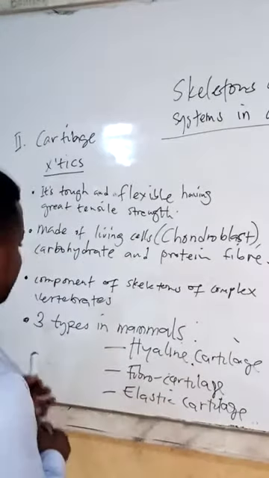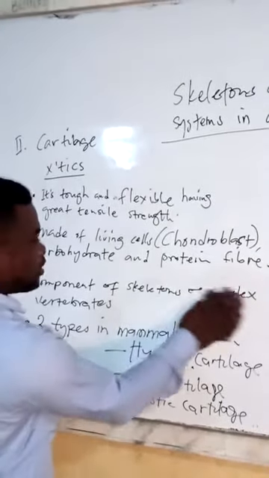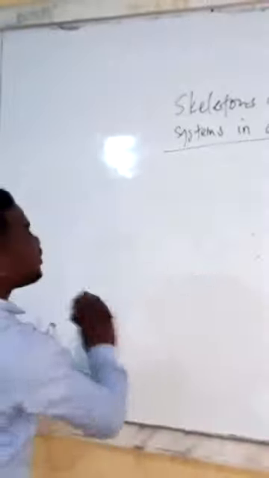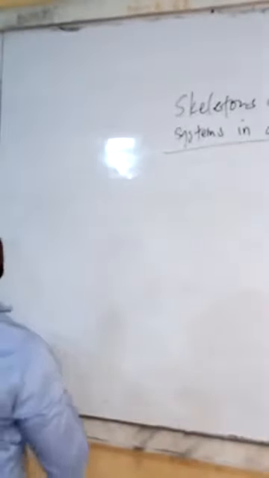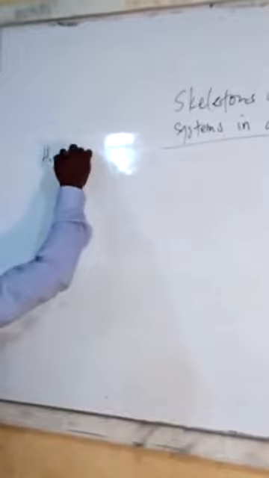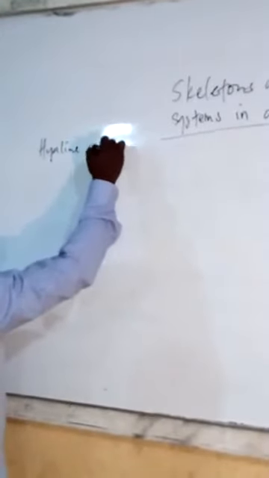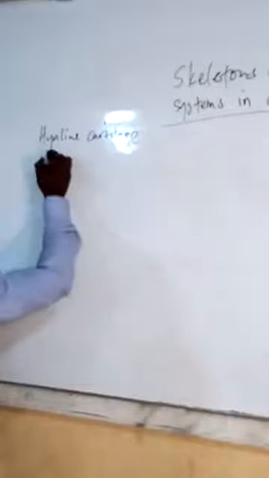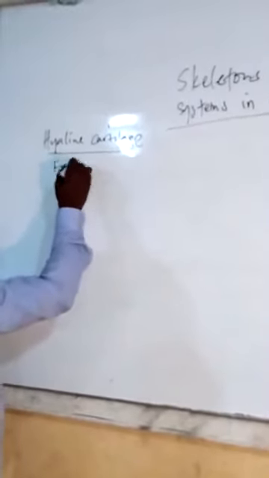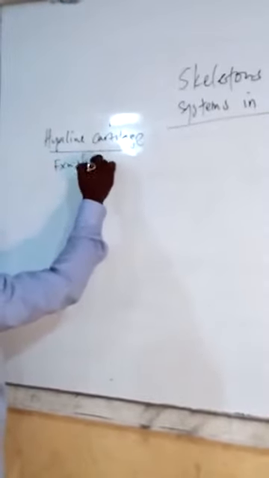We need to take these ones one after the other and then we discuss them. Okay. So, which first? Hyaline cartilage. We'll talk about the functions. And listen well, because you also know their locations.